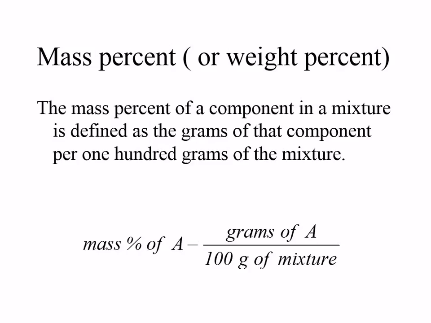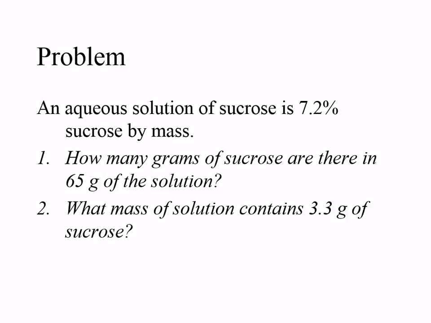And so that weight percent was grams of A in 100 grams of the egg. So that's the definition of weight percent. So we're going to do a problem here, and we're going with weight percent. You can go back and forth between grams of component and grams of solution, and I'll show you what I mean.